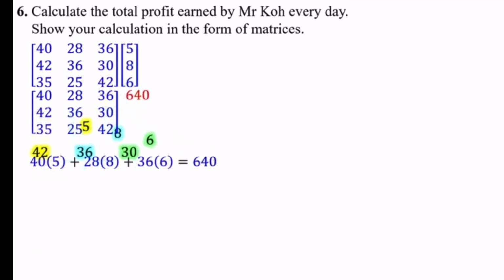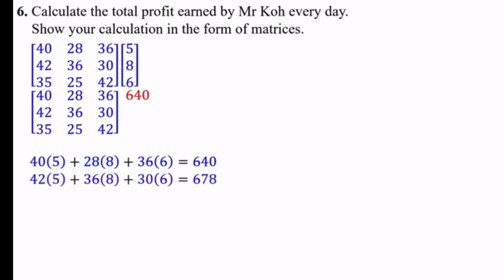And for the next row, 42 times 5 plus 36 times 8 plus 30 times 6, which is 678 in profit. Okay, then for the last one is 35 times 5 plus 25 times 8 plus 42 times 6, and the total is 627.